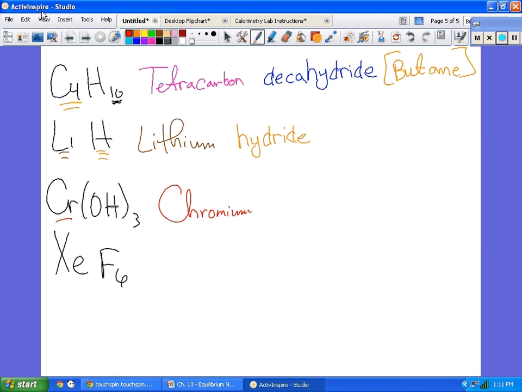So the 3's got to go up here. So 3 plus. This got to go back here. So 1 negative. However, what do you have to do? Make sure it's correct. Well, first of all, what is this thing? Very good. That is hydroxide. Is hydroxide OH negative? So if that's right, then this is right. So it's chromium 3.